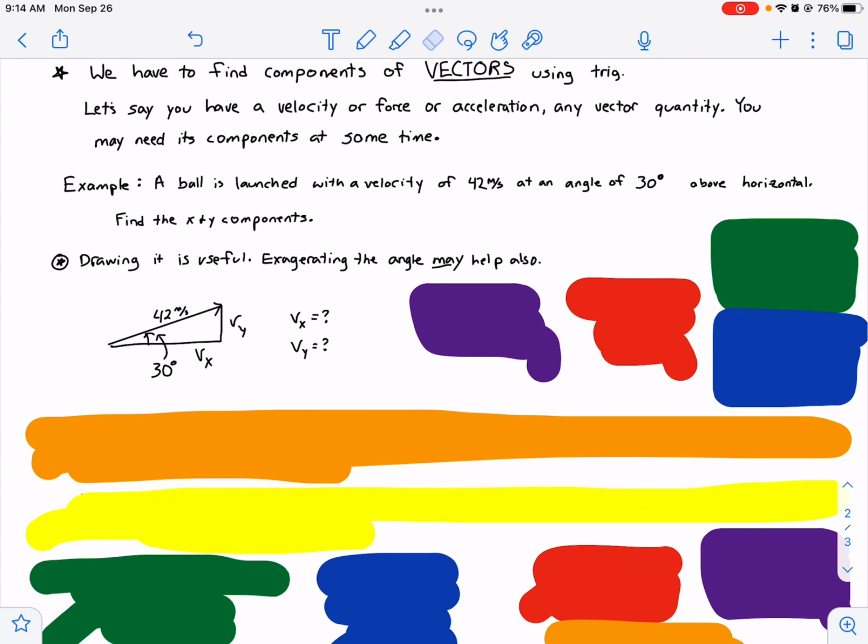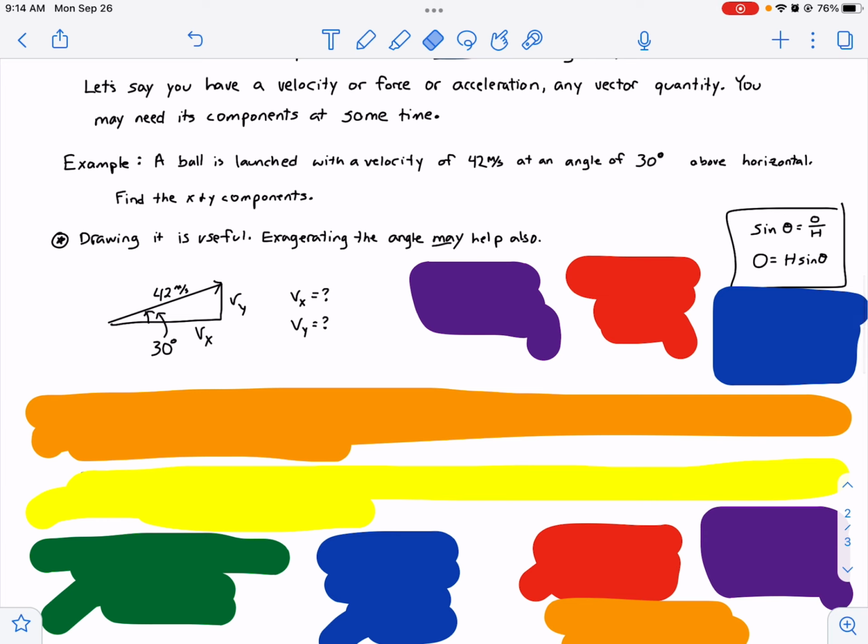So I took some time and I wrote those over here. The sine has the opposite in it, which is the Vy, and the cosine has the adjacent in it, which is the Vx. So I wrote those over here so I could have those to look at.